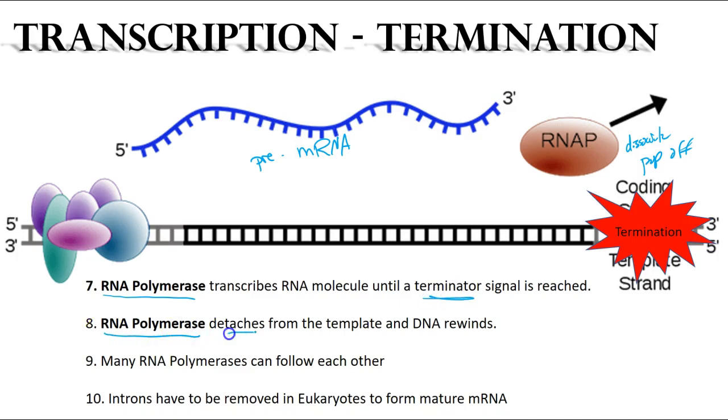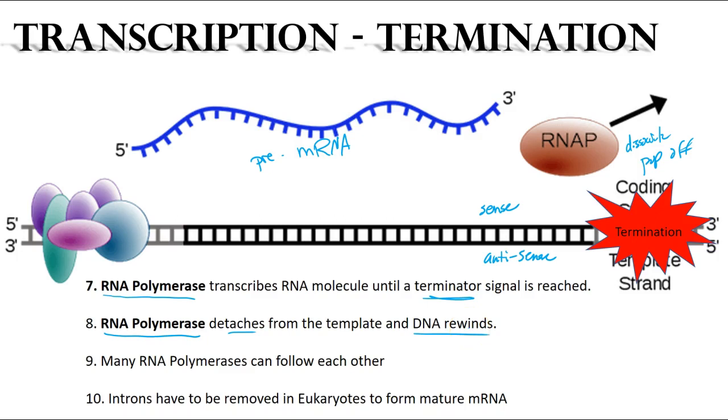RNA polymerase is going to detach from the template strand. We call that the antisense strand. This strand would be the sense strand. And as soon as the RNA polymerase pops off or detaches, the DNA is going to rewind. It's going to zip back up.